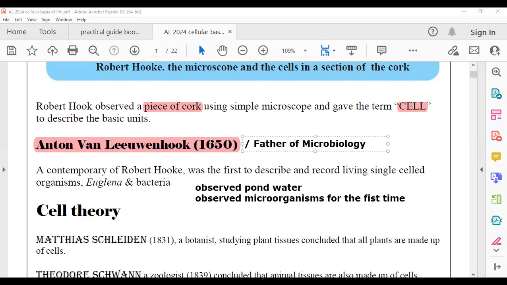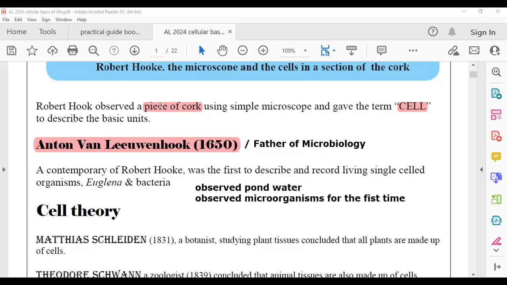Okay. He is described as the father of, what is it? Microbiology. Clear? Clear, sir.